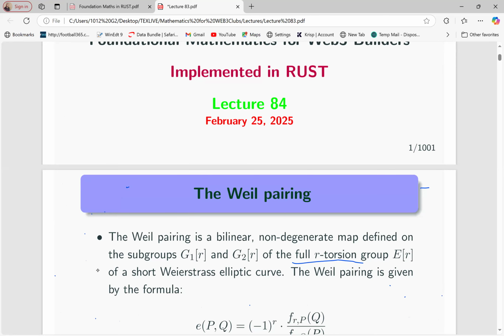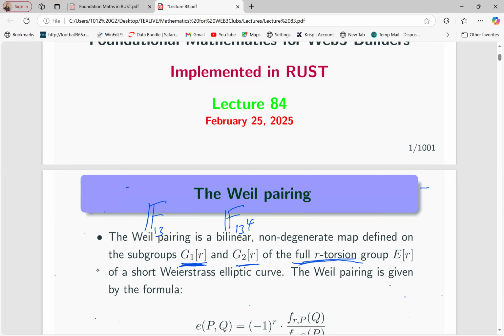Now, after obtaining this full R torsion, you would then get this subgroup. This, of course, is a subgroup of this, G1, and G2 is a subgroup of this. To get G1, we do it on the original field, which here was F13.